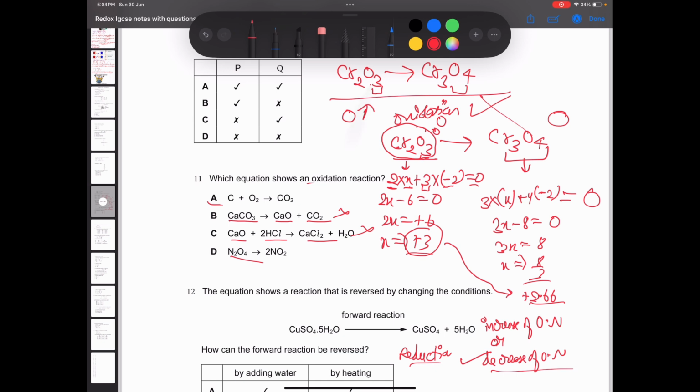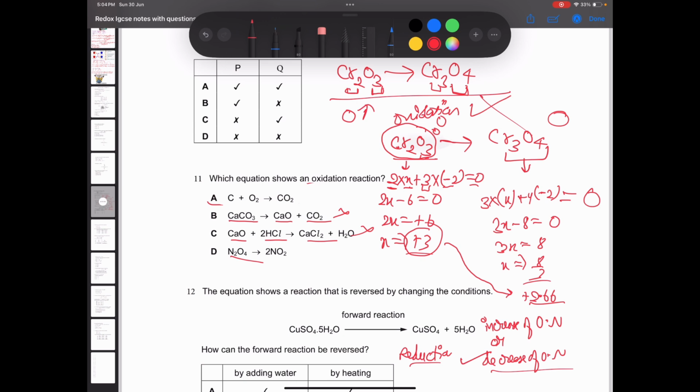The mistake here was that students only saw that oxygen is going from 3 to 4, so oxygen is increasing, but also see that chromium's number also increased. Here we had 2 chromium, here we had 3 chromium. So both of the atoms increased.